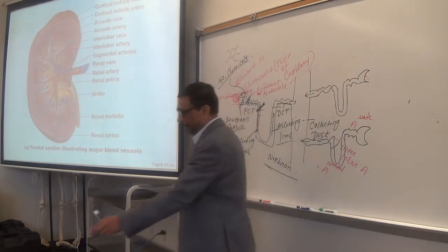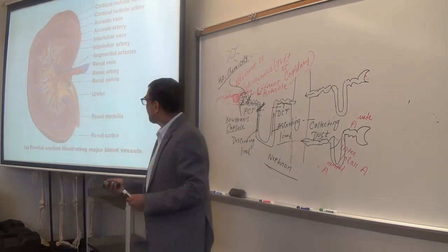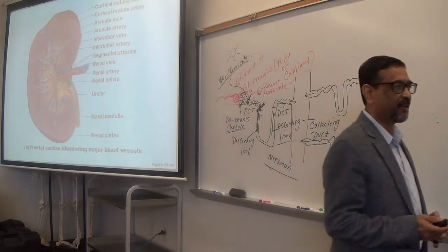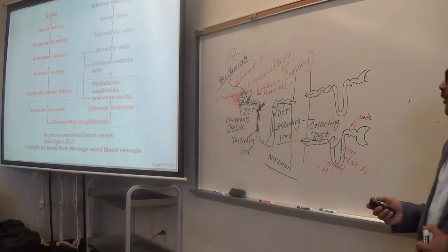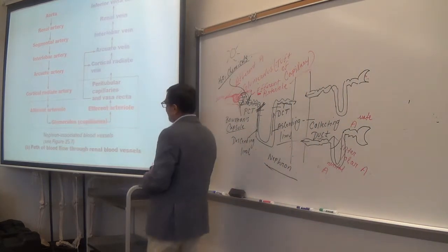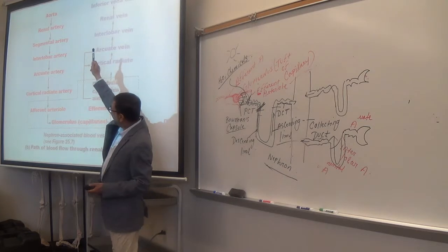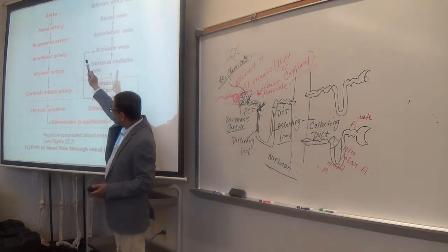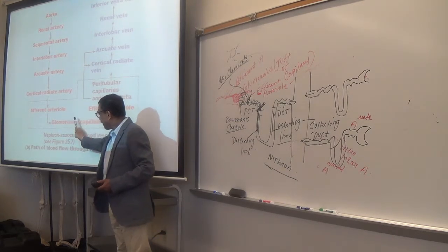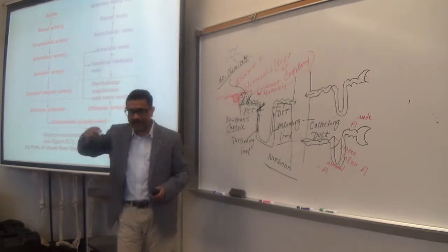Okay. So now you know the parts of a nephron and where the filtration occurs. Okay. So you see here aorta, renal artery, segmental artery, interlobar artery, arcuate artery, cortical radiate, afferent arteriole, glomerulus, that tuft of capillary, right?